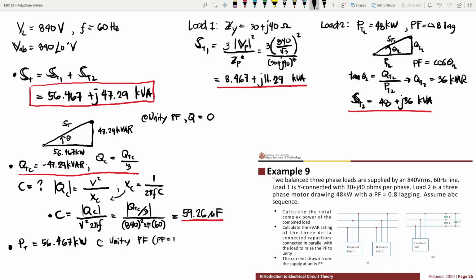PF is equal to 1. So using the equation, P_T, the total real power, is equal to square root of 3 V_L I_L times cosine of theta, where cosine of theta is just the PF. So I_L is equivalent to 38.31 amperes.